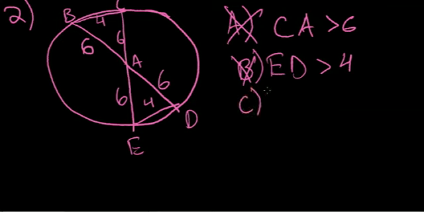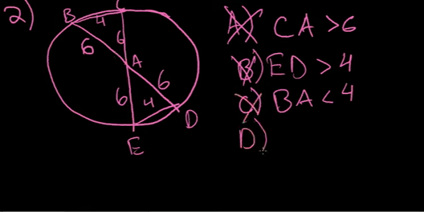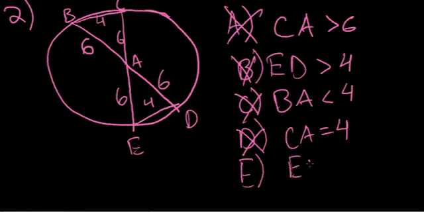C is BA is less than 4. BA is 6, so that's greater than 4. That's incorrect. D is CA is equal to 4. CA is equal to 6, so that only leaves us with choice E, which is going to be correct anyways, but we'll double check it right now. ED is equal to 4. That is true. That's our correct answer.